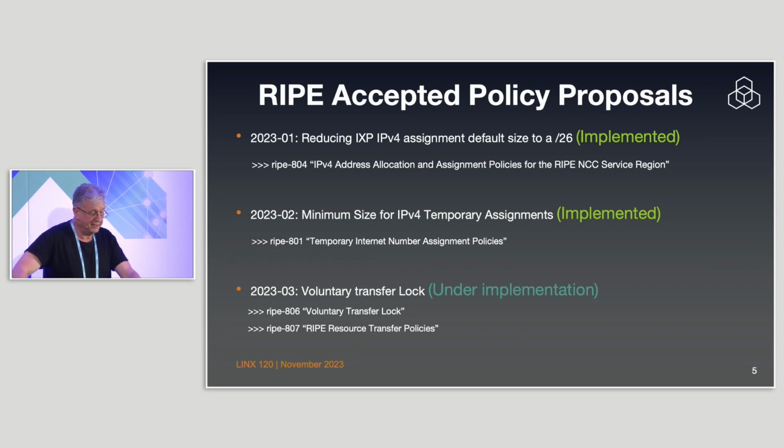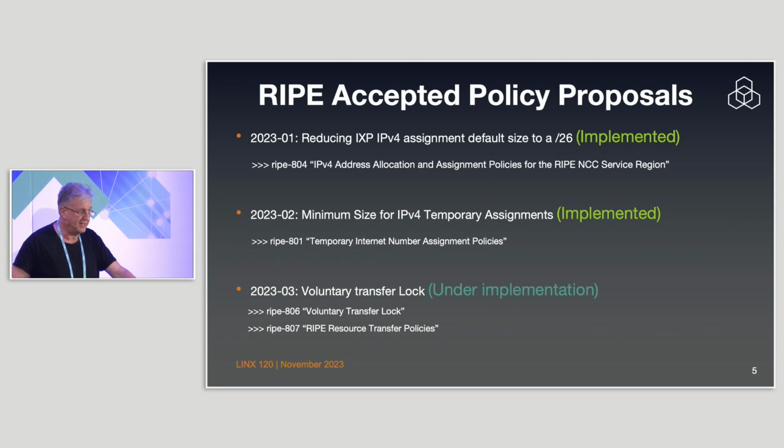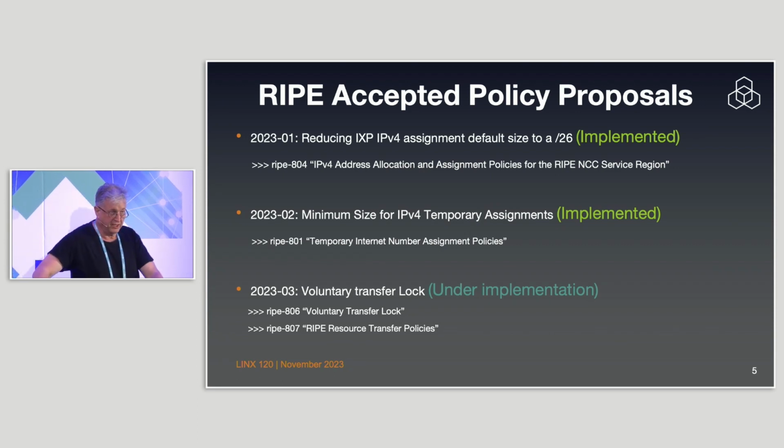That's been implemented. And the voluntary transfer lock, which is a means for you to say, this IP address is mine, and I don't want you to transfer it for N months, N years. That is in the process of being implemented. This is basically an anti-fraud mechanism to prevent your IP addresses being taken away by somebody else.